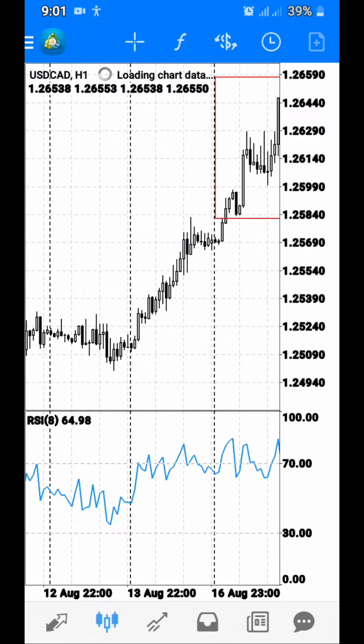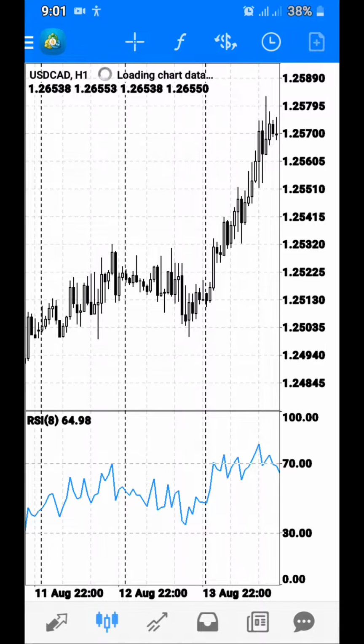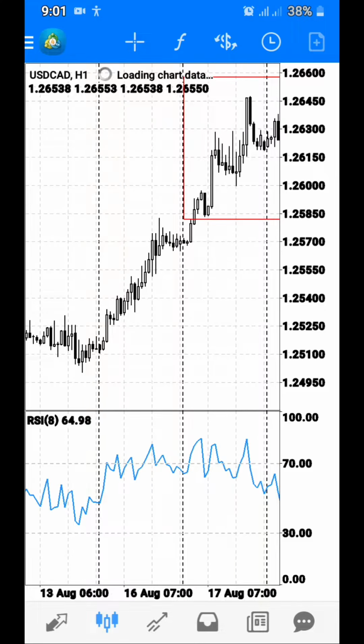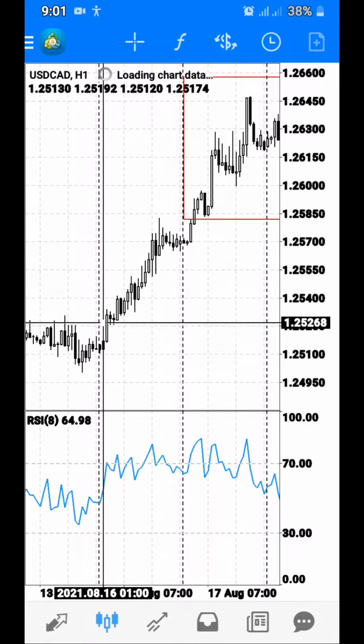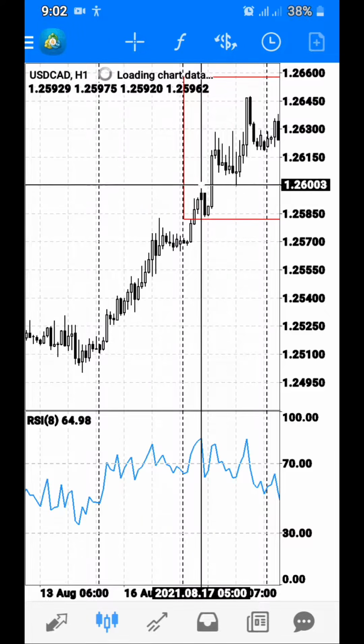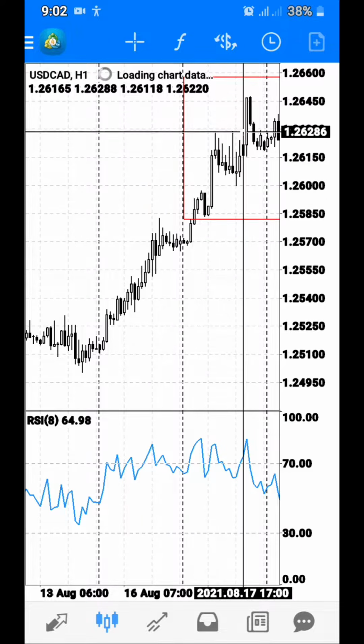So in our previous video we talked about market structure. Market structure is when we see the market making higher highs or higher lows, or lower lows or lower highs. So the first thing that we look for on the chart is to identify our market structure. And if you look at this point, you can see the market is making higher highs, higher highs, higher highs.